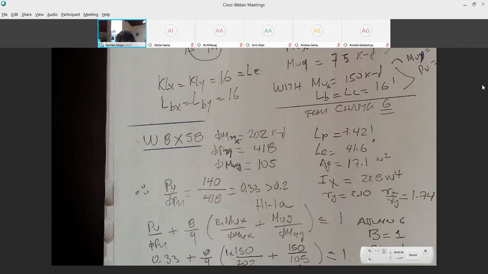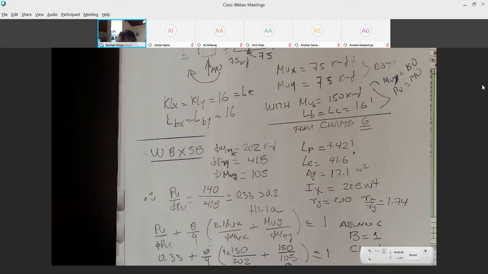So P to U over phi P to N gave me 0.33 larger than 0.2. That means that equation H1-1A control, and I put it in here, H1-1A. This information on the right-hand side, we don't need to get it right now because we don't know which section is going to work. I put it here anyway.